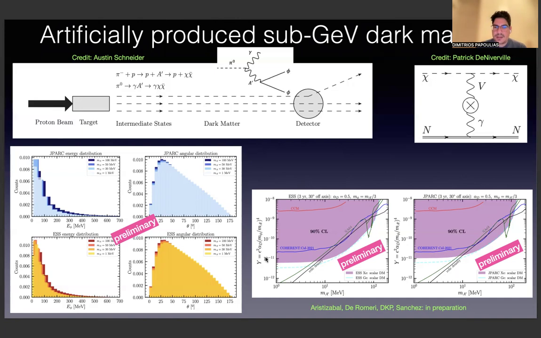So you can see that with our setup, both the ESS and J-PARC, if placed at 30 degrees off axis, where we have the maximum of the angular flux, will lead to improved constraints compared to current measurements by the COHERENT experiment or the CCM, Coherent CAPTAIN-Mills, or NA64. And also, they will extend beyond the relic density curve that you can see here.